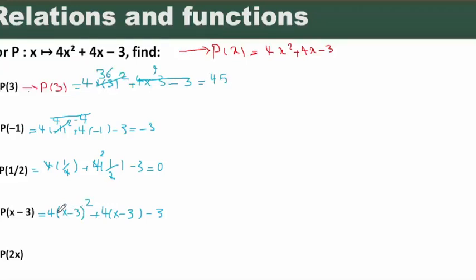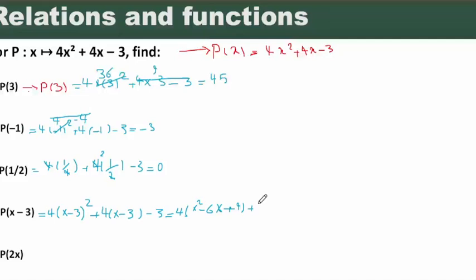Now I expand this perfect square. So I will have 4 times, if I expand, x squared minus 6x plus 9. And then I will distribute this 4 inside parentheses.